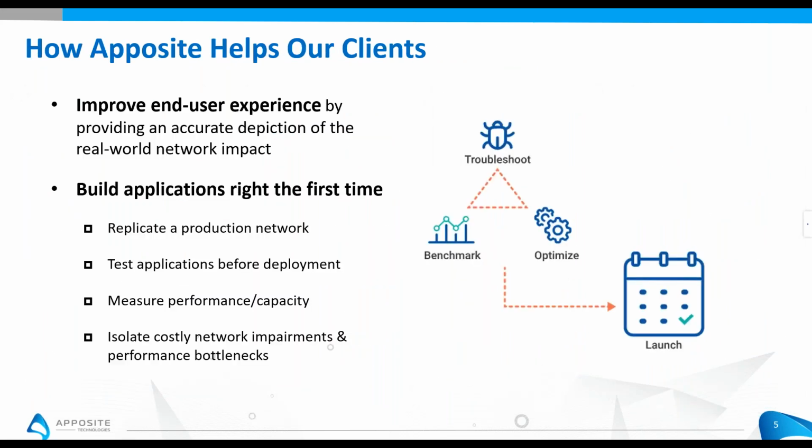This talks a little bit about the reason for using Apposite. Ultimately it is about the user experience. A lot of organizations will look at bandwidth, and if we go from 10 meg to 100 meg to a gig, globally bandwidth is becoming cheaper and more readily available, but it's only one piece of the puzzle.